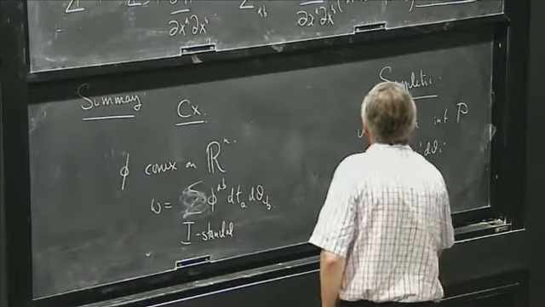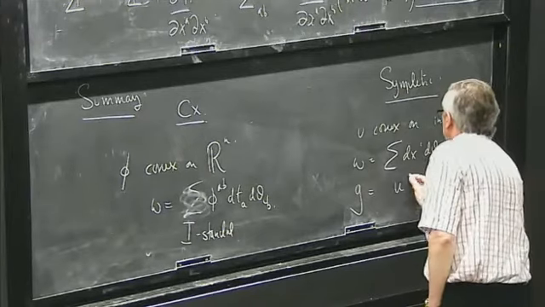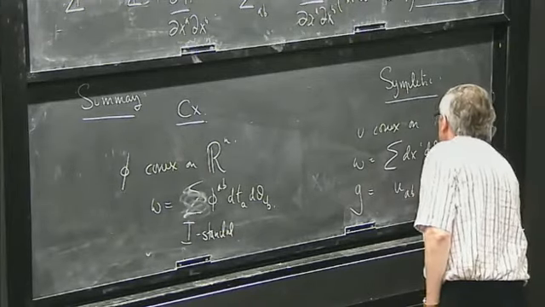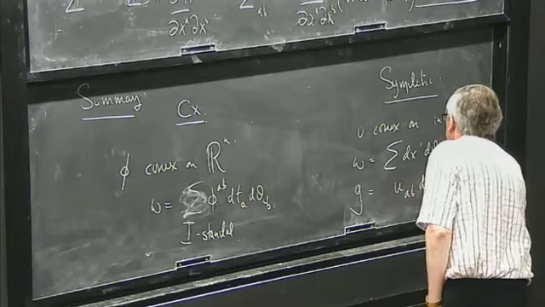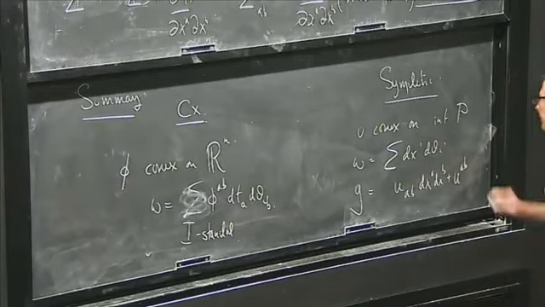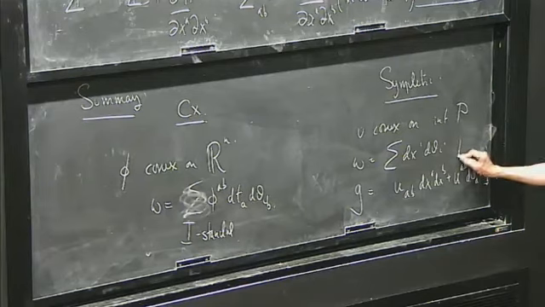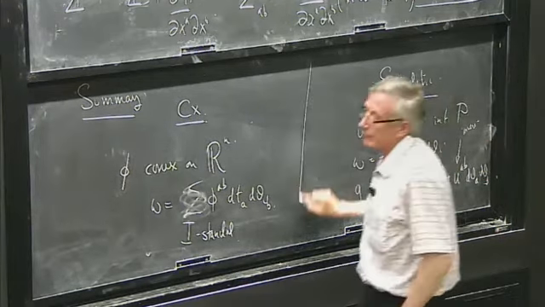G is equal to U_ab dx_a dx_b plus, if we write U^ab for the inverse matrix, U^ab d theta_a d theta_b. This means the inverse. So that's a place to stop.